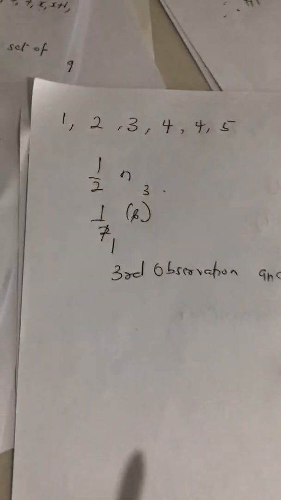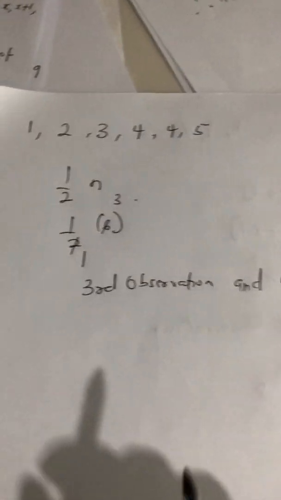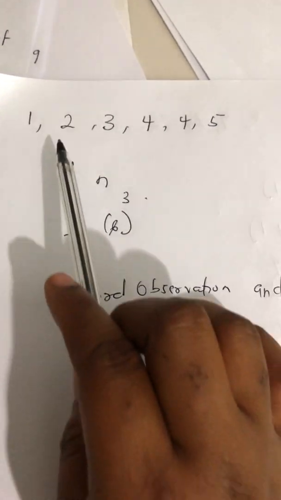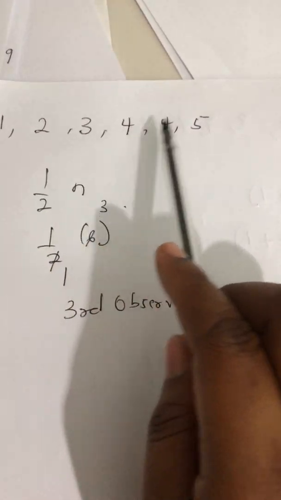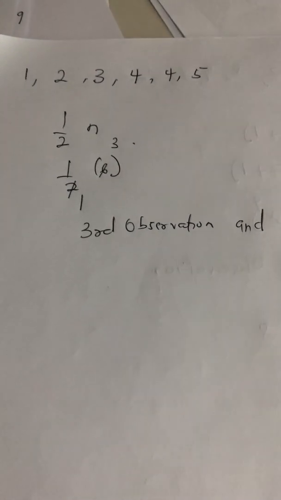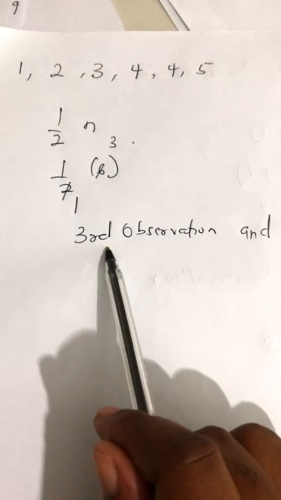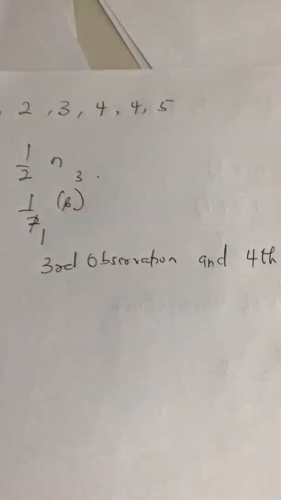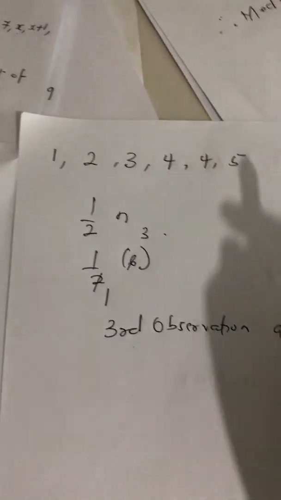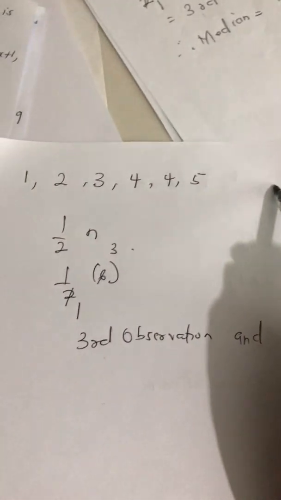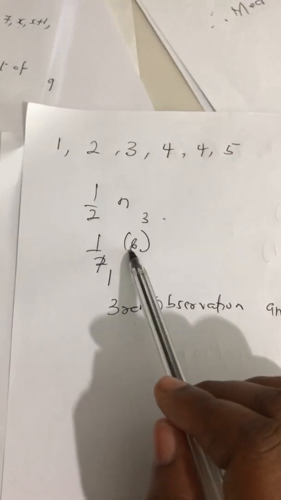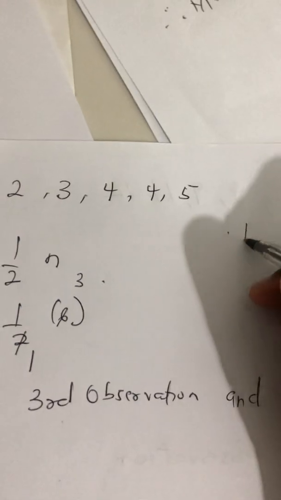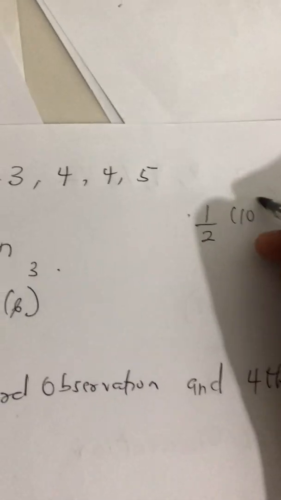So when it is an even number, the rule changes. When it's an even number, first go ahead and do half of the number of members. So you have 1, 2, 3, 4, 5, 6. Half of 6 is 3. Then the rule says that when it's an even number, you get that observation and the number after it. So let's say if my number of members were 10. 10 is an even number, right?